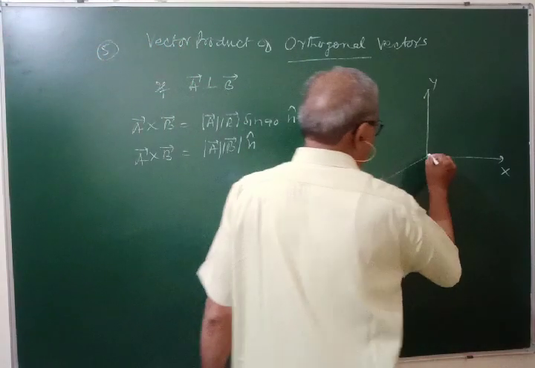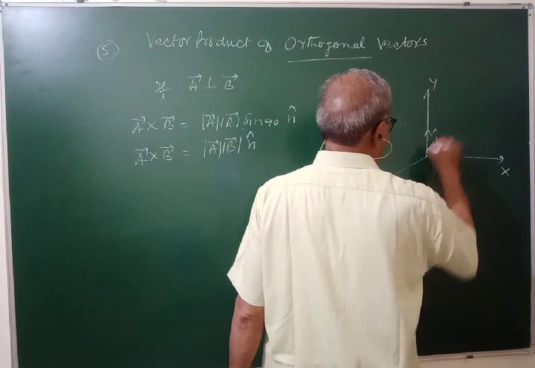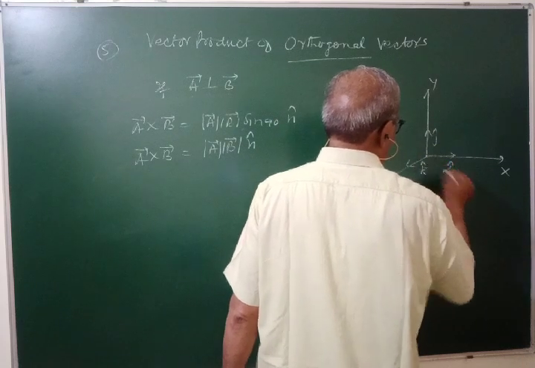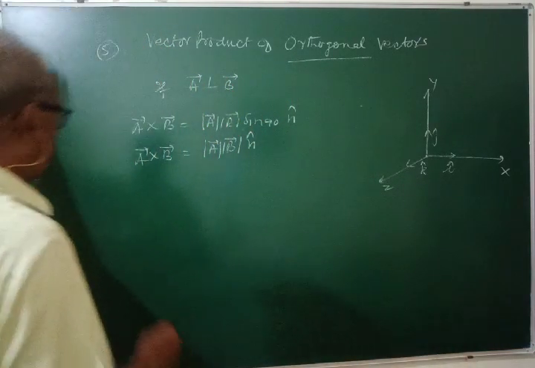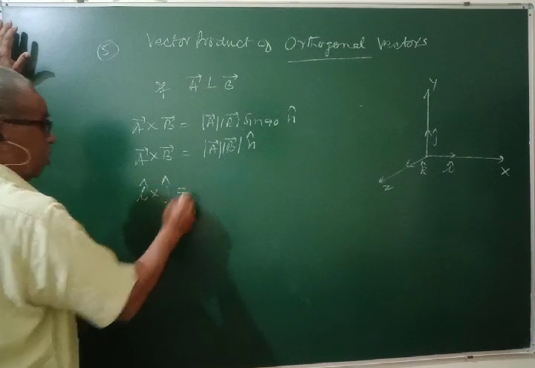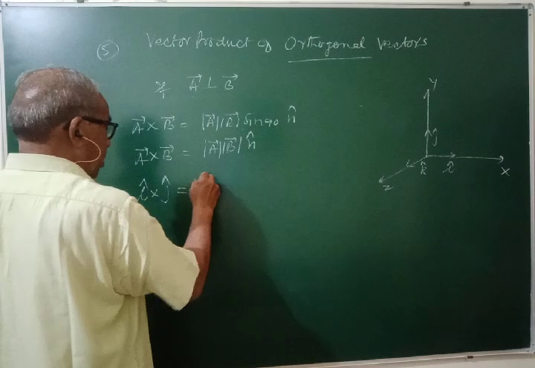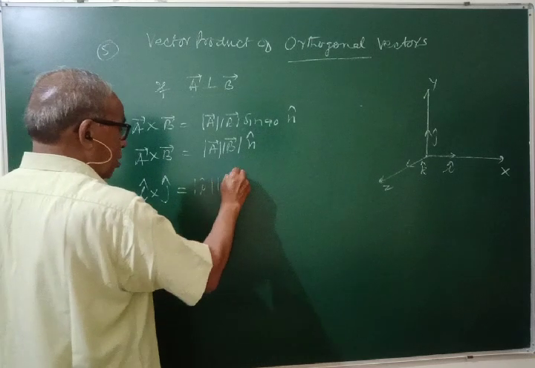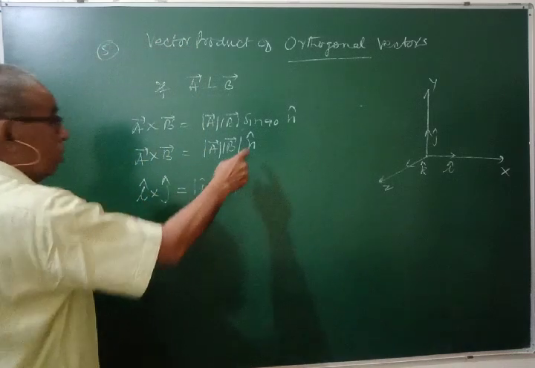So here we have i cap, j cap, k cap. So i, j, k are orthogonal vectors, perpendicular, and so i cross j is actually modulus i modulus j times a unit vector which is at right angle to both.